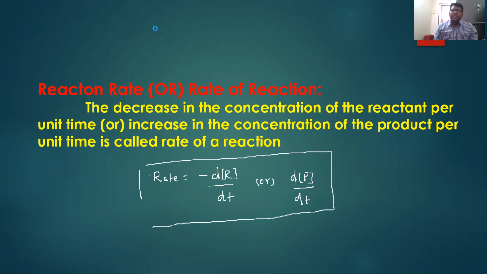Every reaction gives rise to product. These are reactant and product. So decreasing the concentration of reactant per unit time or increasing the concentration of product per unit time is the rate. So what are the units of rate? Rate is equal to x by t, simple. X means concentration, so concentration per time.